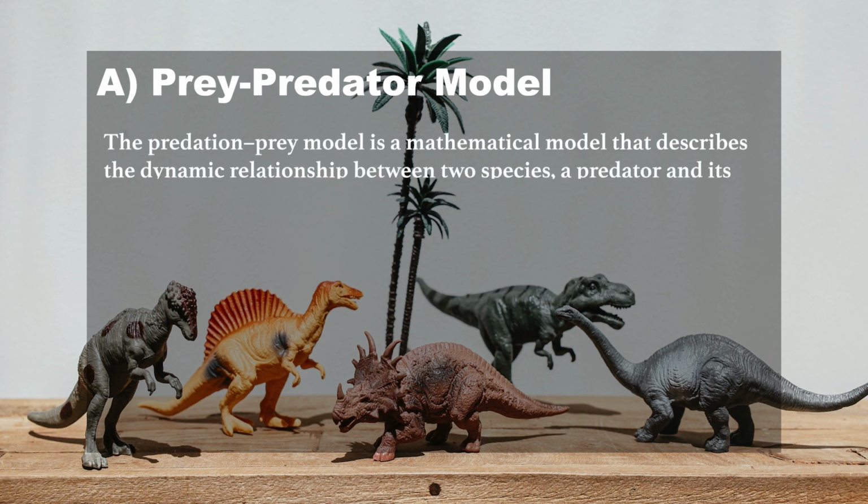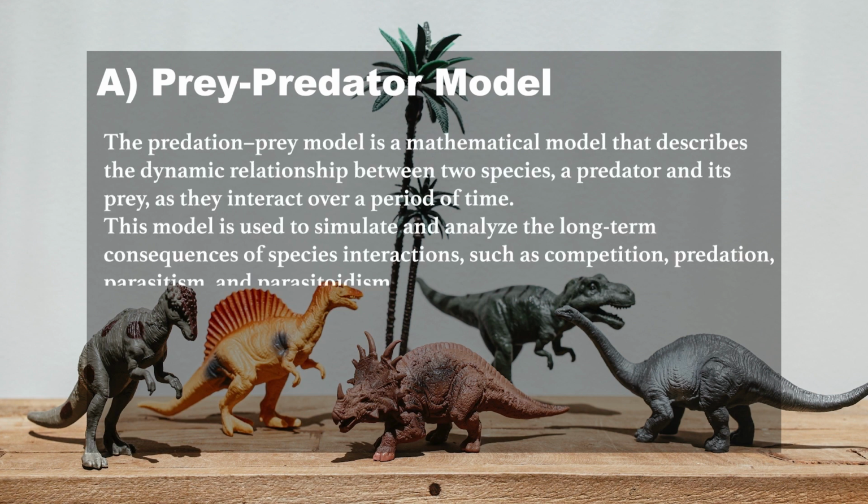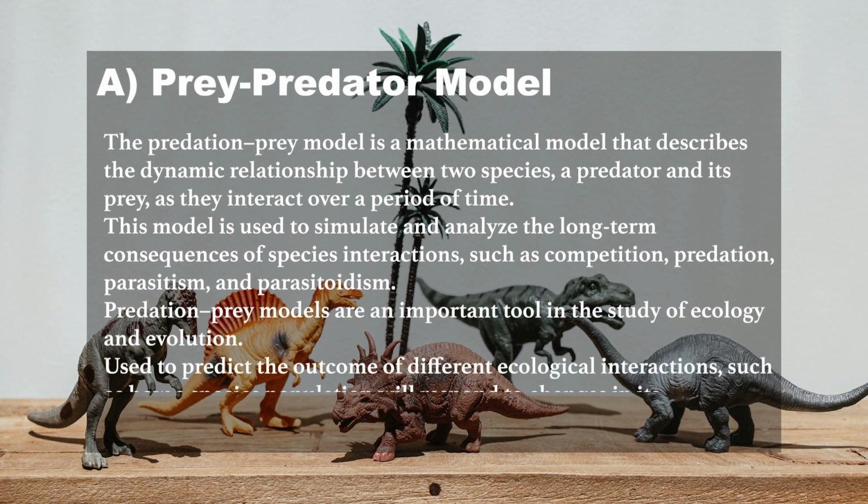The predator-prey model is a mathematical model that describes the dynamic relationship between two species, a predator and its prey. As they interact over a period of time, this model is used to simulate and analyze long-term consequences of species interaction such as competition, predation, parasitism and parasitoidism.